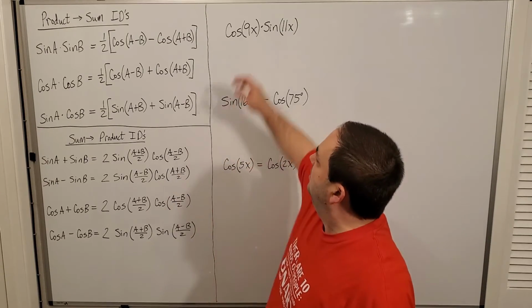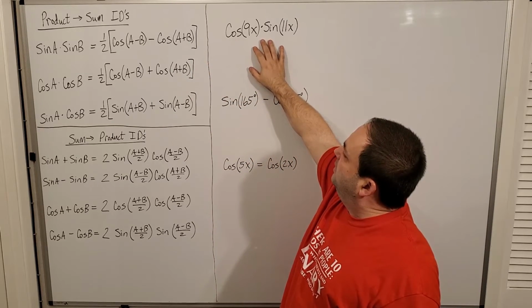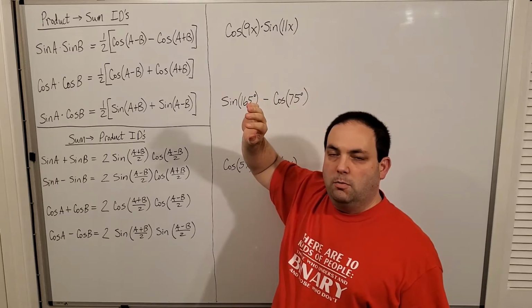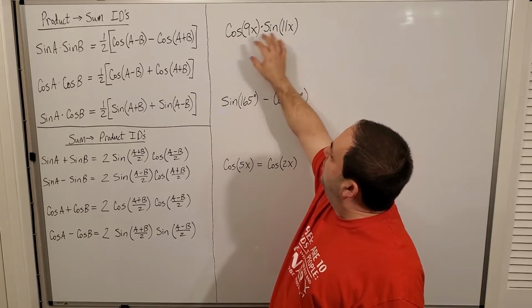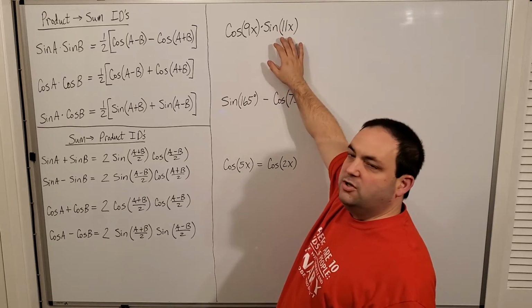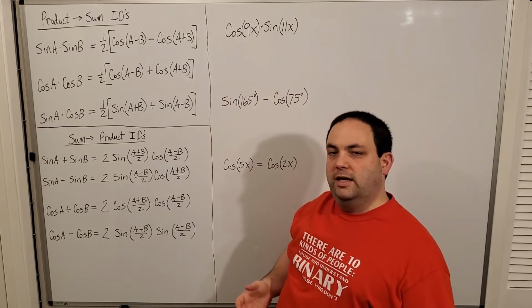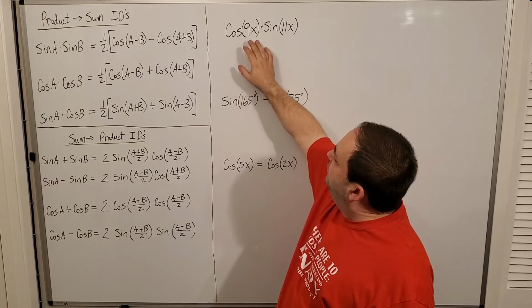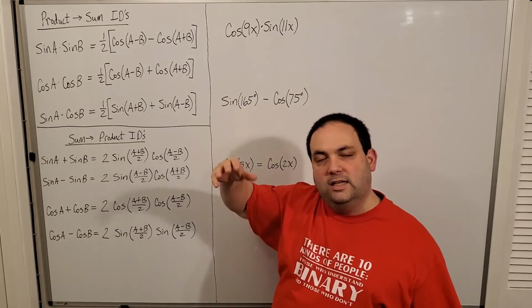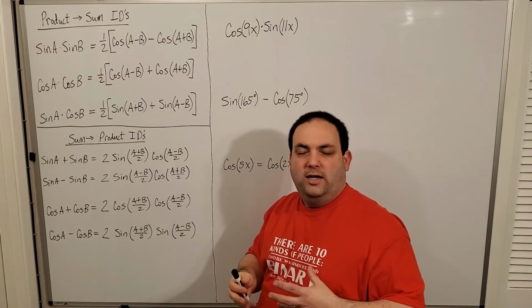In calculus, there are integrals that cannot be done when things are in the particular multiplied form. There are operations that work well when the arguments are the same or when it's just one of the trig functions. But notice in this kind of situation, where the trig functions are different and the angles inside are slightly different, one is 9x, one is 11x, things in calculus don't work quite as nicely.